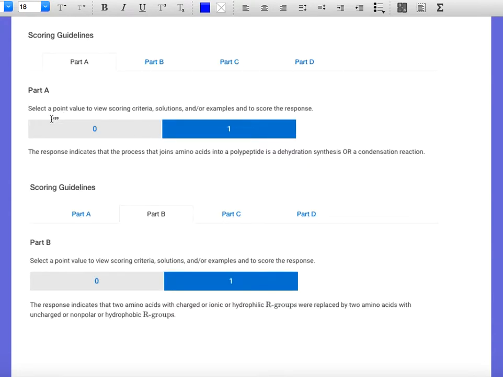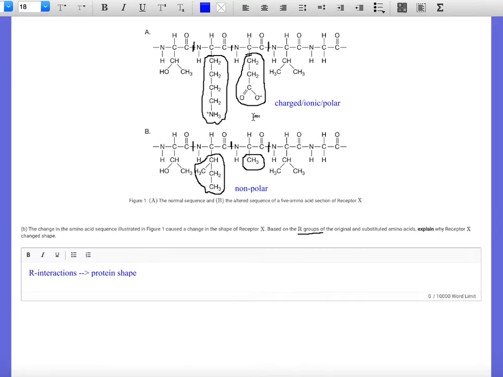And again, if we just look at the scoring guidelines: dehydration synthesis, or condensation reaction, which is another name for the same thing. Two amino acids with charged, or ionic, or hydrophilic R groups were replaced with two amino acids with uncharged, or nonpolar, or hydrophobic R groups. So I guess they're not polar, right?